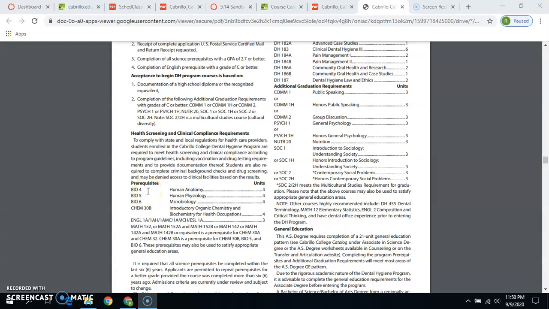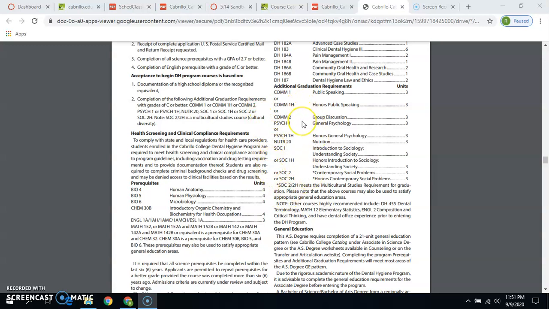In this case, because this major is an Associate of Science, the student would have to complete the 21 units of general education. The beauty, though, is that many of these courses, or actually all of these courses, are part of the general ed, the English and the sciences. Now, in addition to the general ed and the prereqs, the student also has to fulfill graduation requirements, and that's this up here.